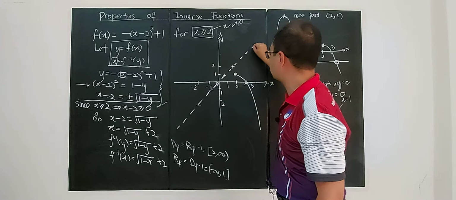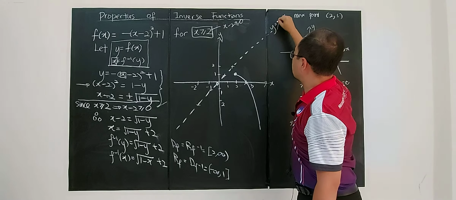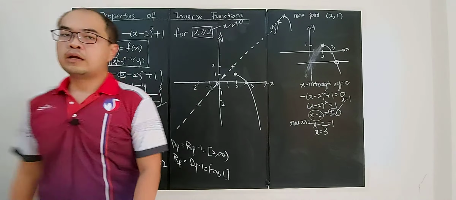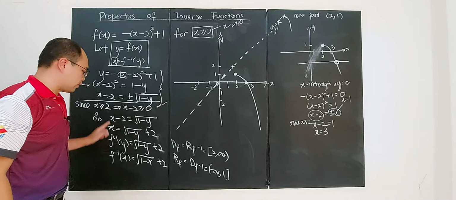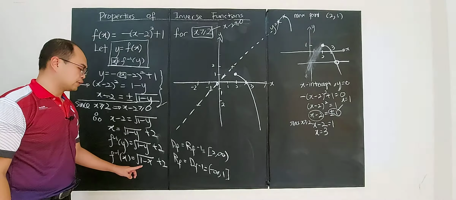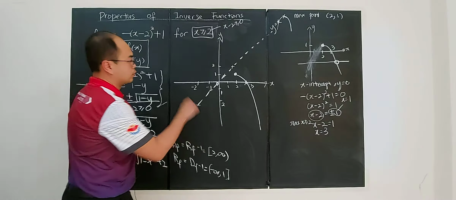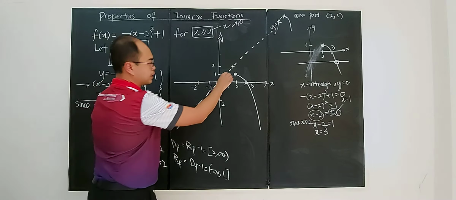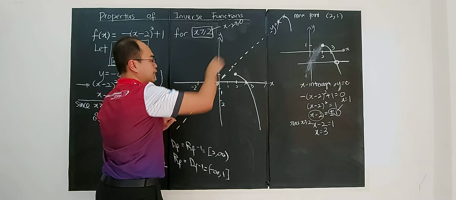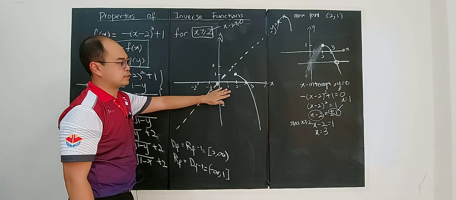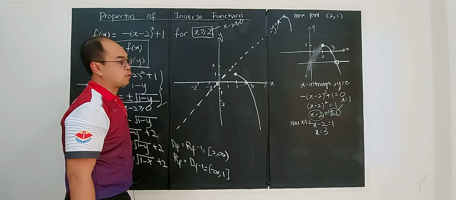You have to show the relationship of the two graphs by drawing this line, y equals x. By referring to the video on how to sketch a square root function, you should know what the graph of this function is. If you don't know, never mind, because you can take this graph and reflect it on the line y equals x. For sure, they will be symmetrical about the line y equals x here.